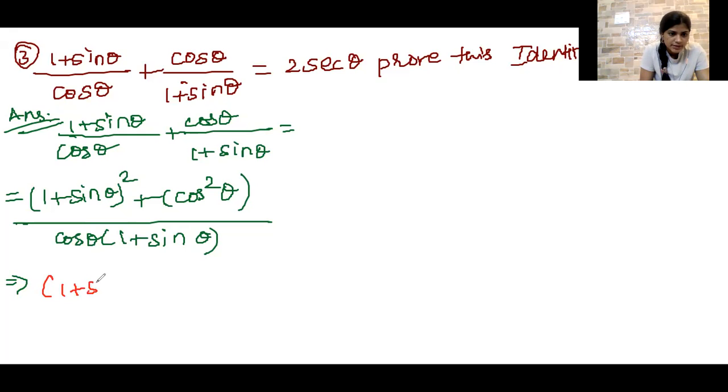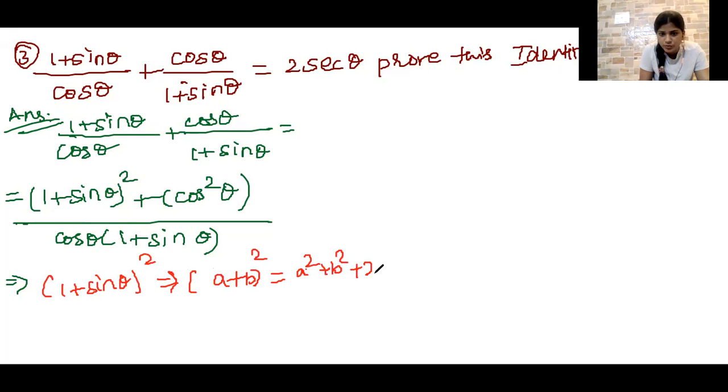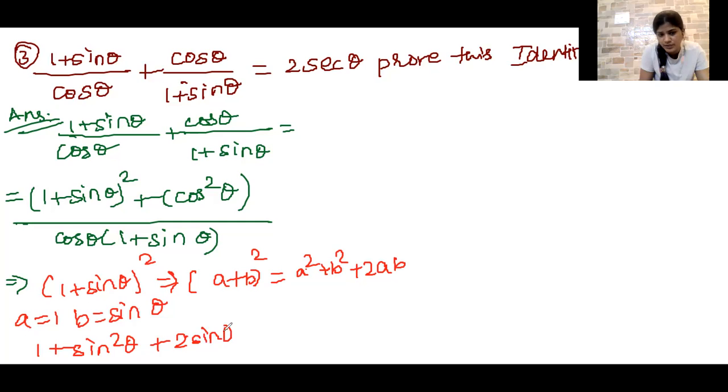This 1 plus sine theta the whole square is in the form of a plus b the whole square. That is nothing but a square plus b square plus 2ab. Here my a is 1 and b is sine theta. So that can be written as 1 square plus sine square theta plus 2 times 1 into sine theta, which is 2 sine theta. I'm going to substitute that over here.